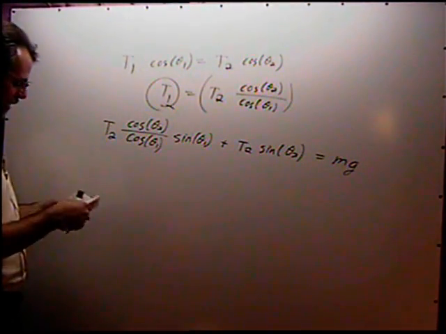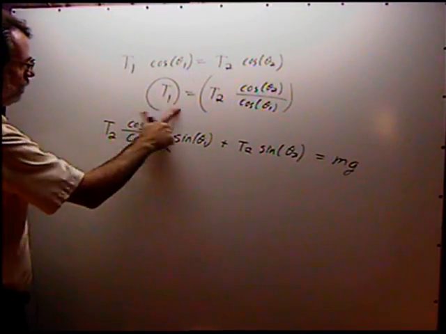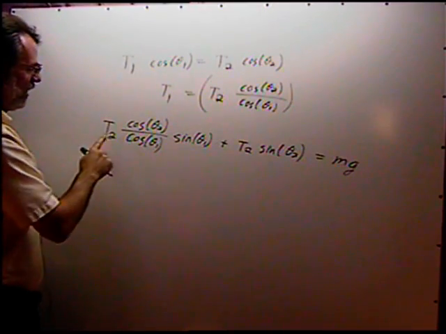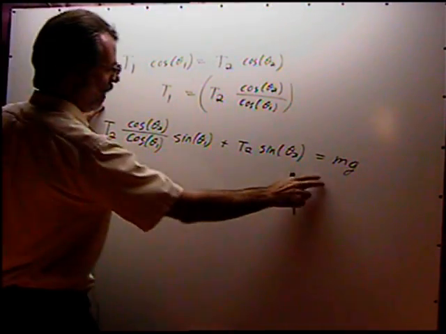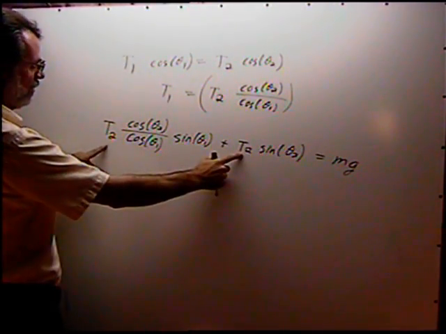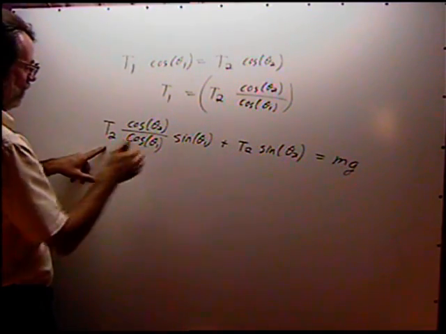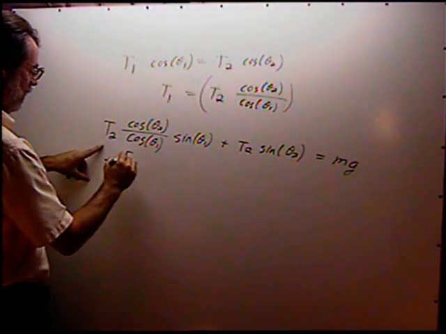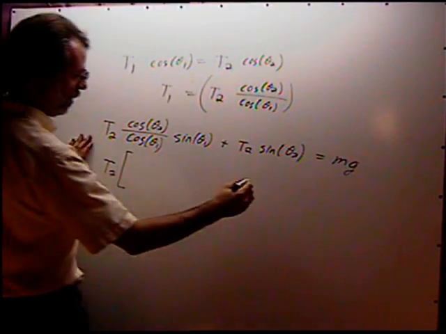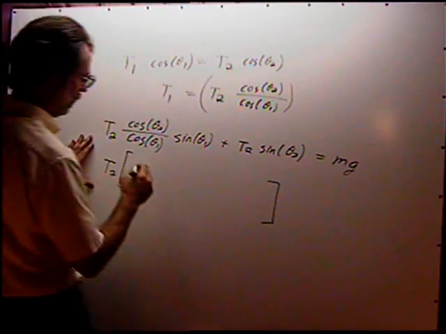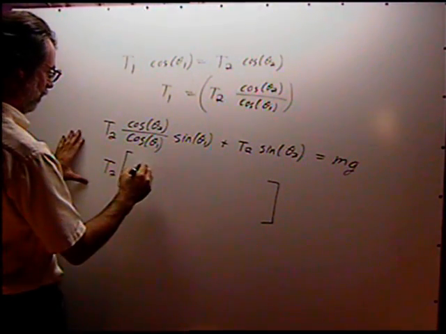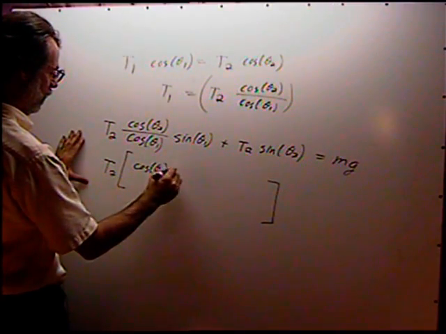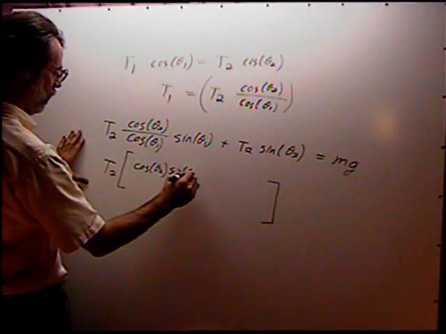So at this point we have one equation now, and there's only one unknown, T2. So I'm going to factor out this T2, and I get T2 times, in large brackets, this term, cosine theta 2 sine theta 1.